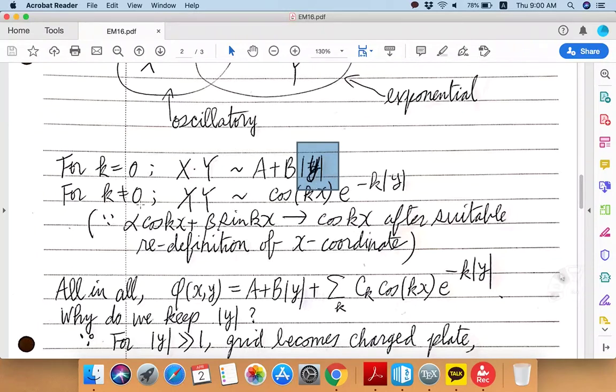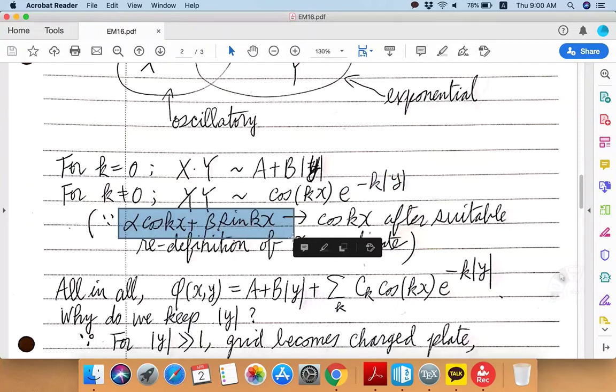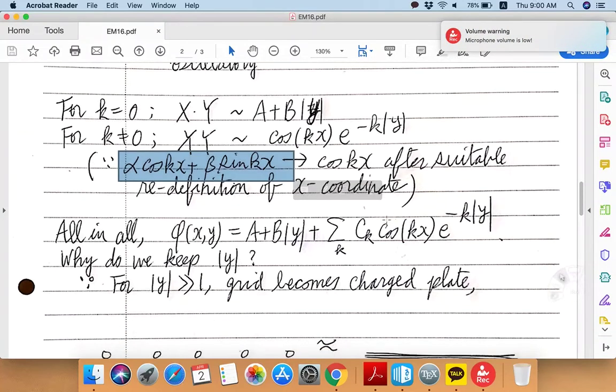And for k not equal to 0, as promised, we have some cosine function multiplied by an exponential function. Well, more generally, you should choose the linear combination of the cosine and sine, but through using the addition rule of cosine functions, we know that this general combination basically just reduces to the cosine of kx after some suitable redefinition of the coordinates.